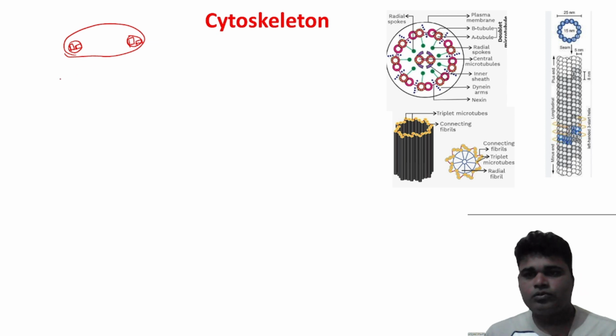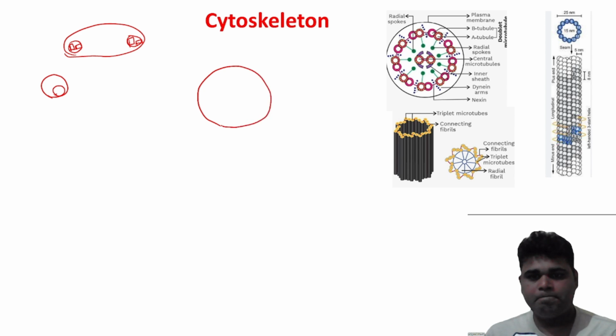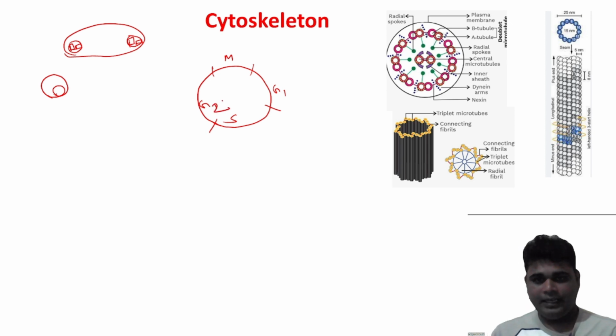Actually, first there is one centrosome in the cell, but consider the cell cycle: this is the M phase, this is the G1 phase, this is the S phase, this is the G2 phase. M phase means the division phase, that is mitosis or meiosis.